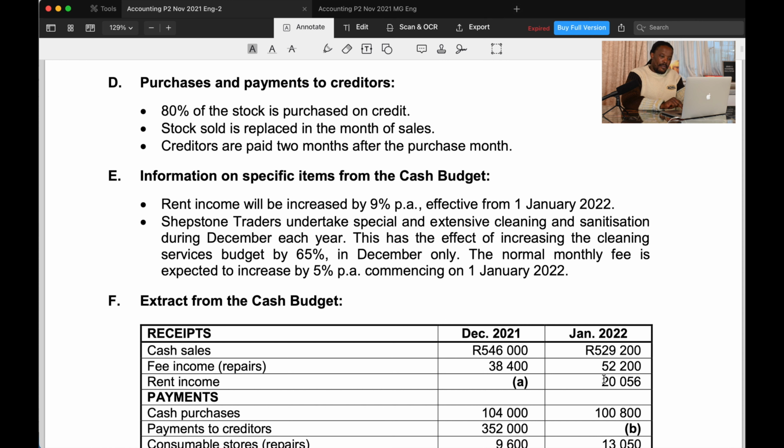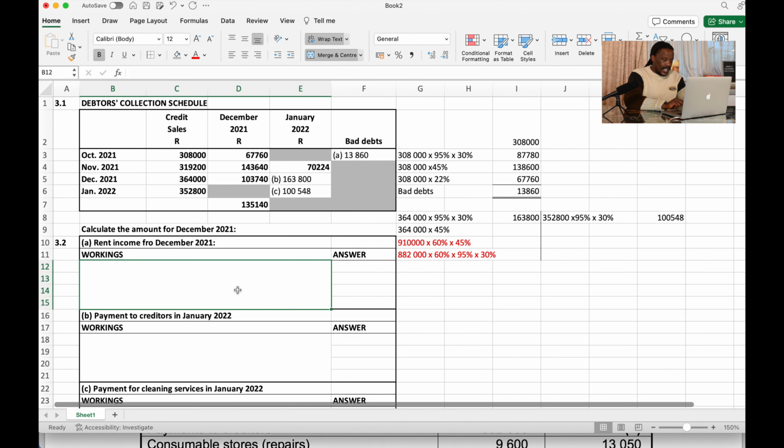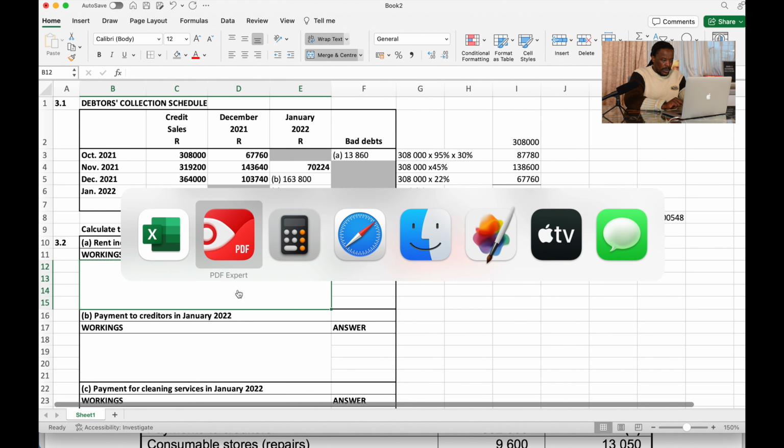And the amount was already recorded for January, and it takes into account the increase they are speaking about because it happened at the beginning of January. So obviously when they recorded this, it includes that increase. So for December, we must exclude that increase. How do we exclude that increase?